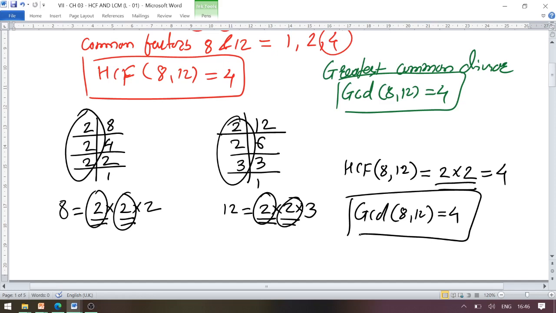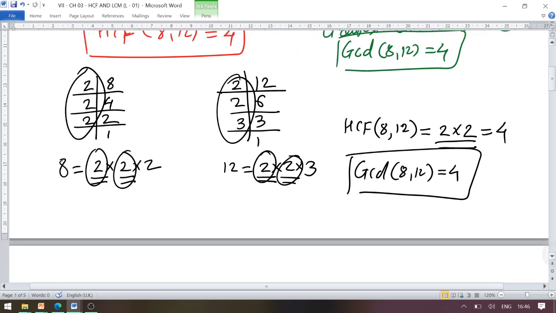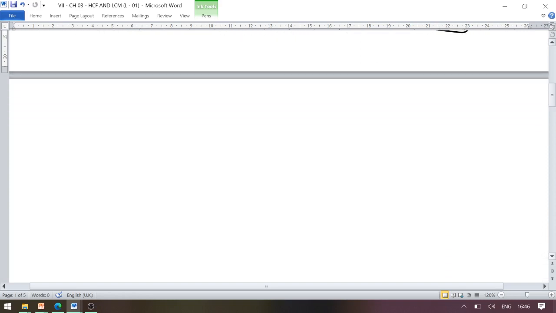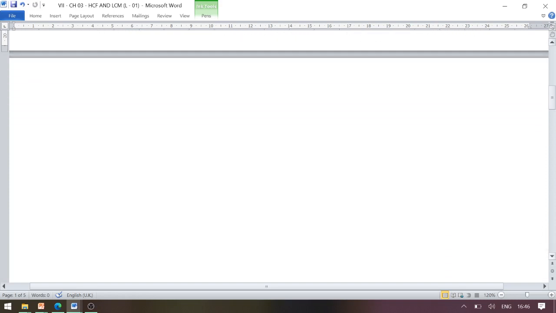What happens if we are given the next two numbers and we have to evaluate their HCF, or we may say GCD? Let the next two numbers be 24 and 36. For finding the HCF of 24 and 36, first express 24 as the product of its primes.